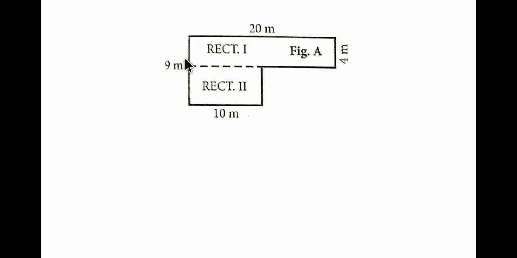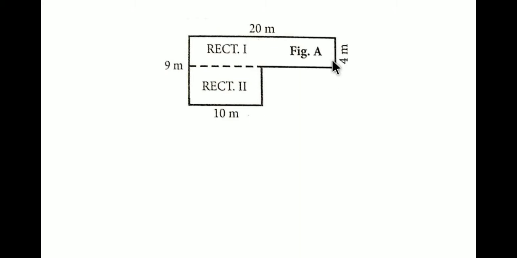So first we'll find the area of rectangle 1, and then we'll find the area of rectangle 2, and then we'll add both the areas to get the area of figure A. Over here we can see that the length is 20 meters and the width is 4 meters.